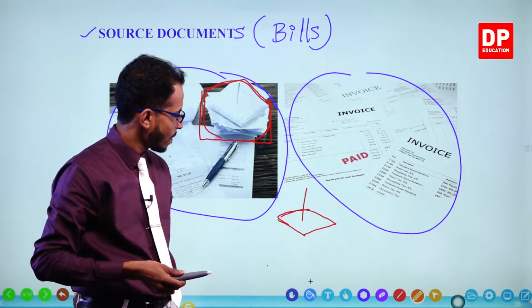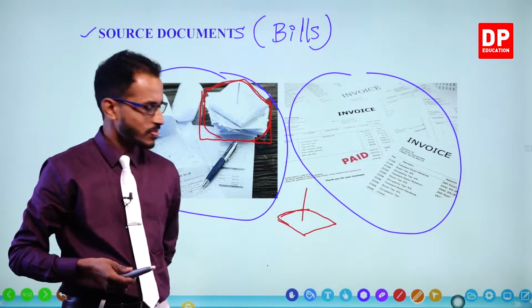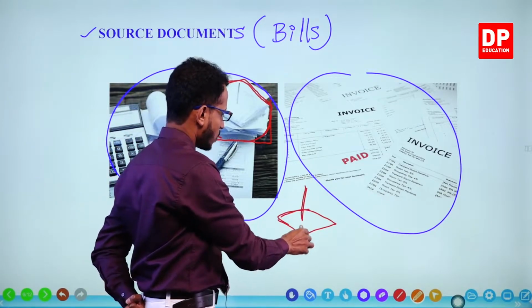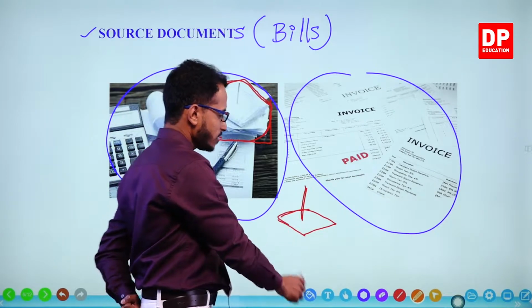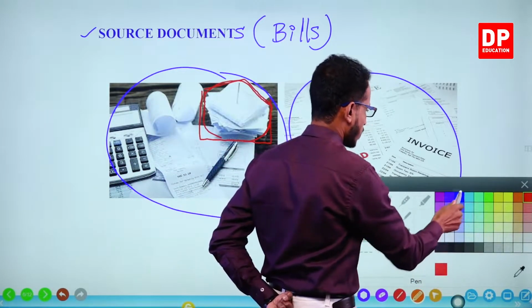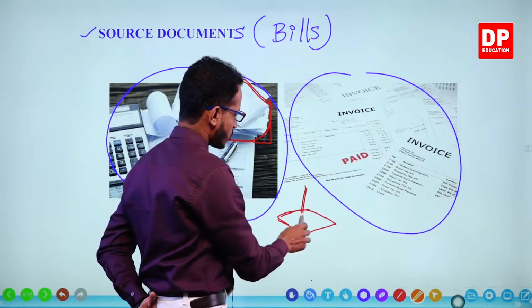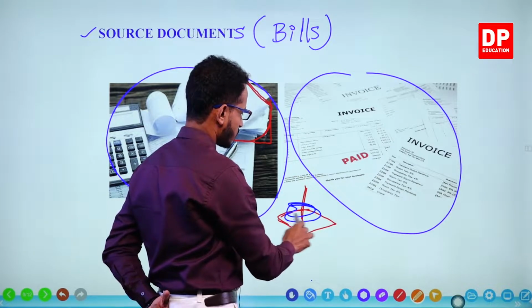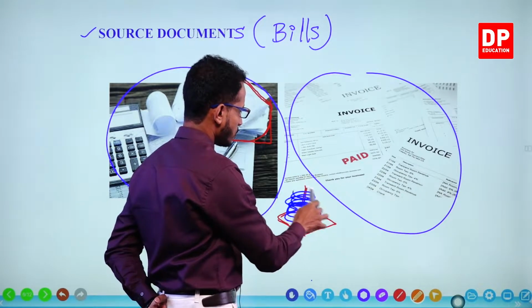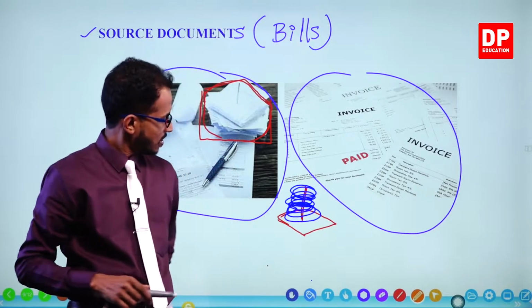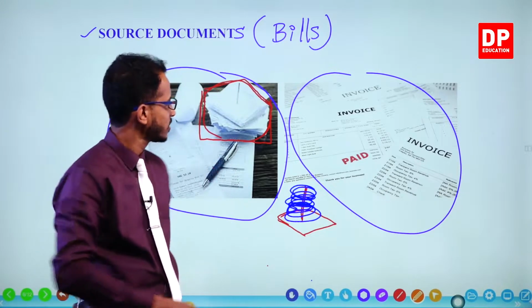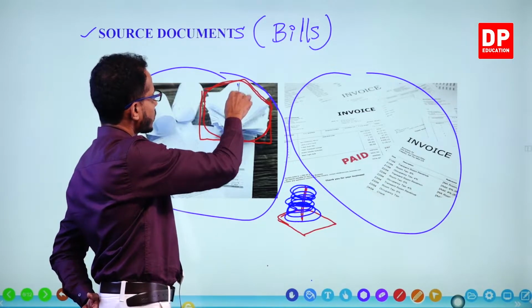There is a stem standing fixed on a plate. All the bills are attached to this. At the end of the day, the bills pile up on that stem.